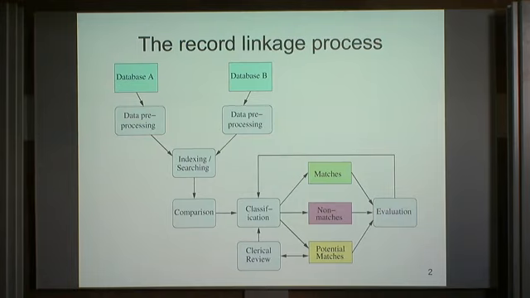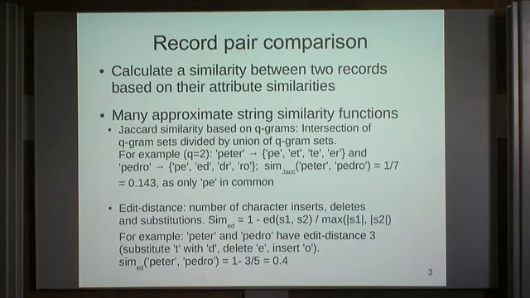So we want to compare a similarity between two records, and we do this generally attribute by attribute. And as I mentioned before, these are often approximate string comparison functions. So we have two strings. This can be names, addresses, even dates. Postcodes can be strings, telephone numbers can be strings, social security numbers, credit cards.